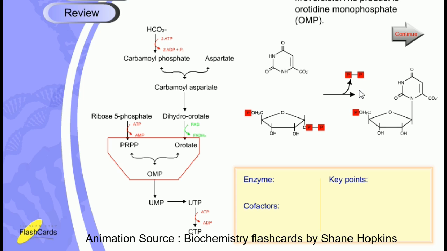As the pyrophosphate is hydrolyzed and drives the reaction forward, it makes the reaction biologically irreversible. So it cannot go back. It's irreversible, and the product is orotidine monophosphate, or OMP. Though in this picture it's shown as if it can go backward, it's not actually possible. It's irreversible in nature, so the arrow should not be kept like this here.